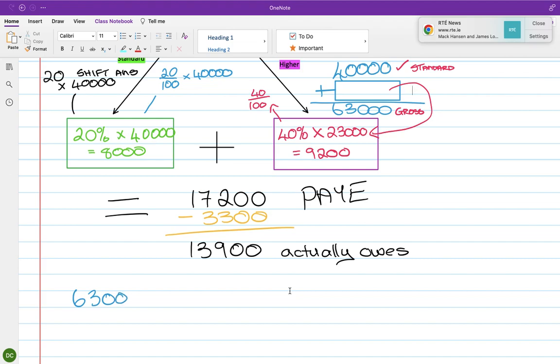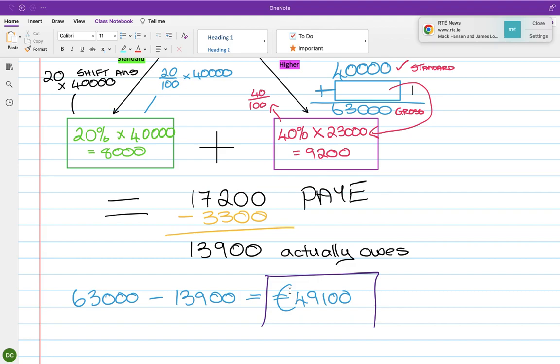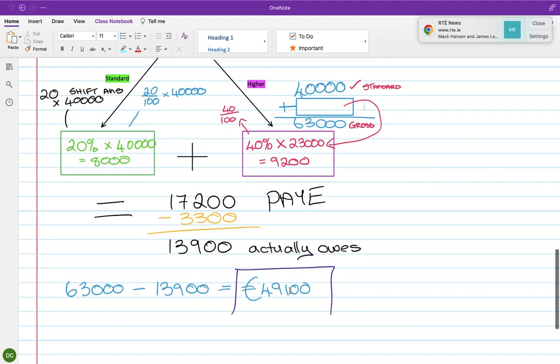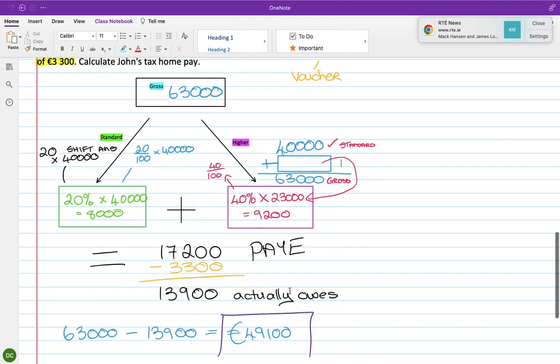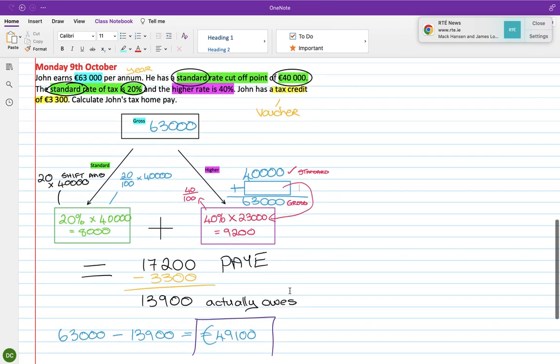How much does he actually have to pay the government? 13,900. So how much is he going to have to pay his bills and buy his food? 49,100. That is how much John will have to pay his bills.